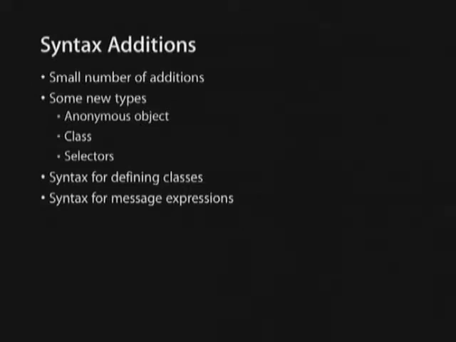Selectors are basically the messages that you pass to objects, and we'll get into that as well. There's a syntax for defining classes. Of course, C is not object-oriented, so there's a syntax for defining that within C. And there's a syntax for message expressions, and we'll get into that. Message expressions are, again, the calls that you make, the function calls that you make to an object.